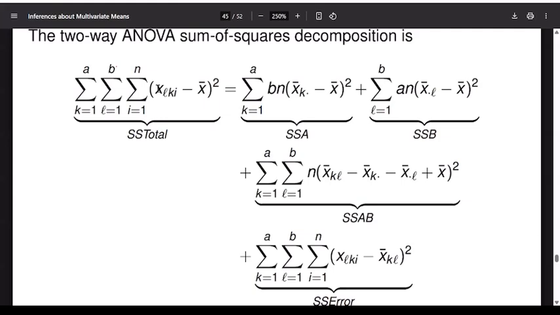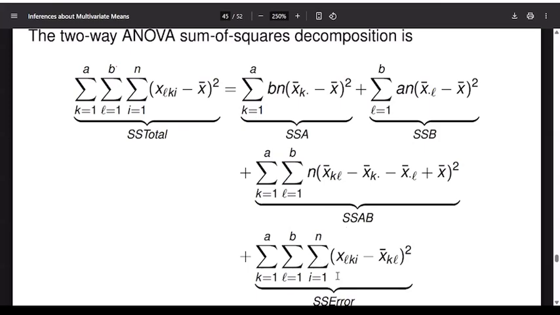What we're trying to say is that total variation around the performance in maths can be broken down into variation explained by gender, if factor A is gender, which I call SSA, explained by extracurricular activity, which I call SSB, explained by interaction, which I call SSAB, and the error.